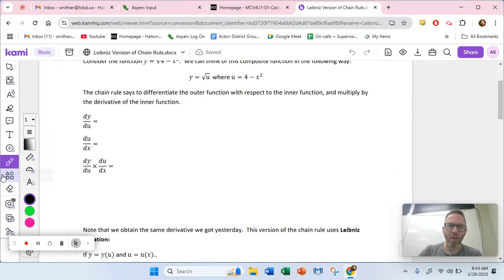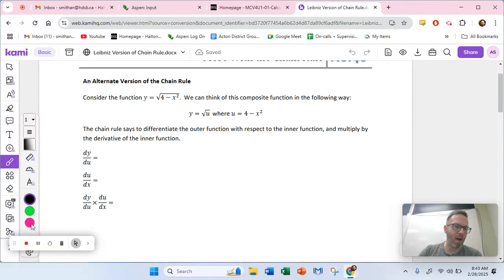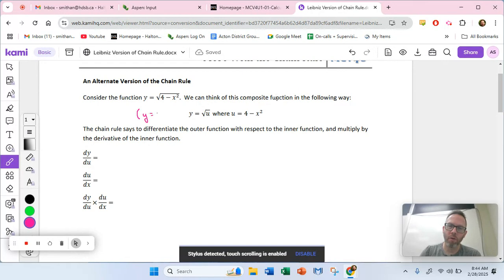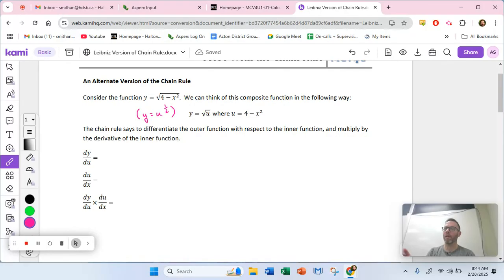Now, the derivative of root u, we've done many times, but I have lots of space here, so I'll just do the full derivative. Remember that root u is like u to the power of a half. I'll show all my work here, but at this point I'd probably be okay if you just went right to the derivative.